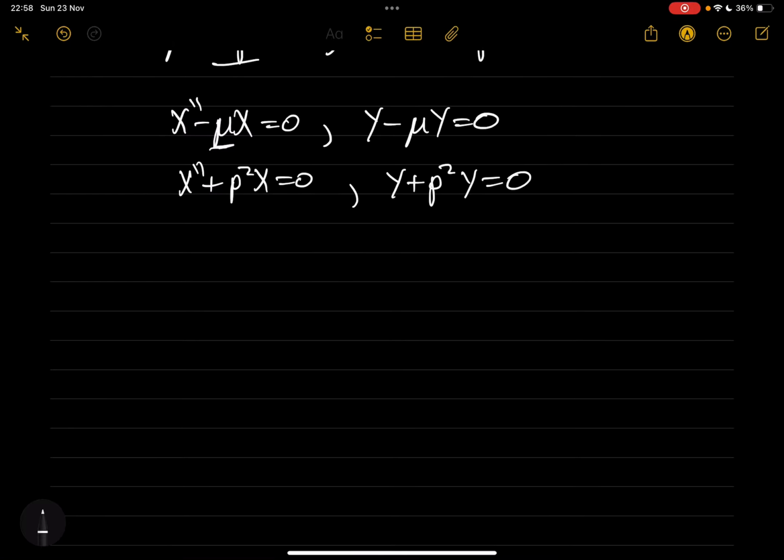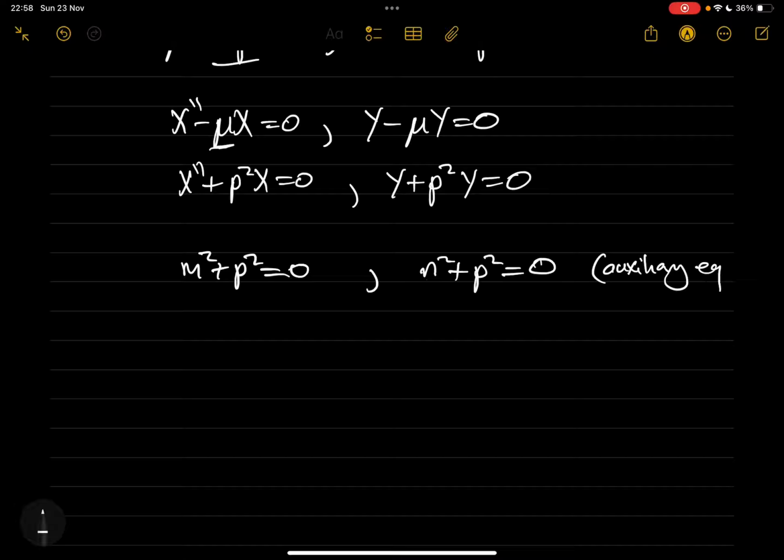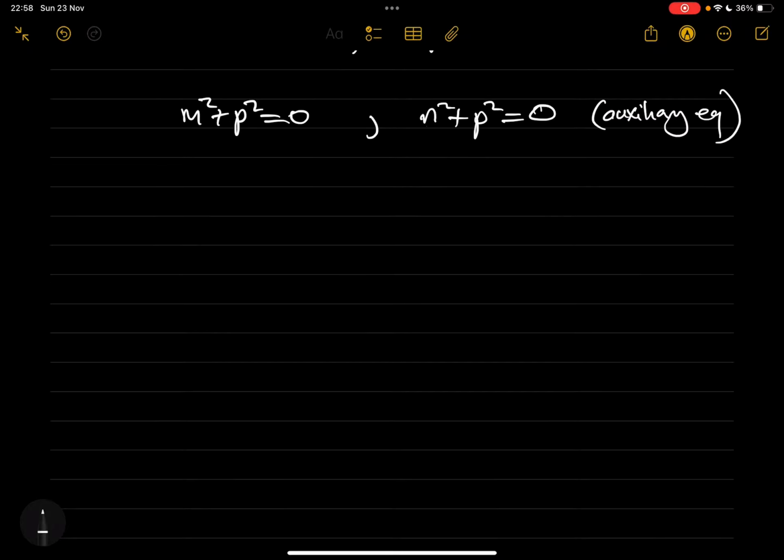And then again, we need to find our auxiliary equation, m squared plus p squared equals 0. This is our auxiliary equation.